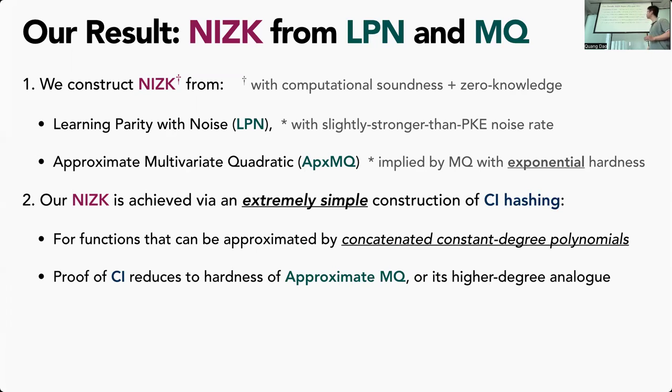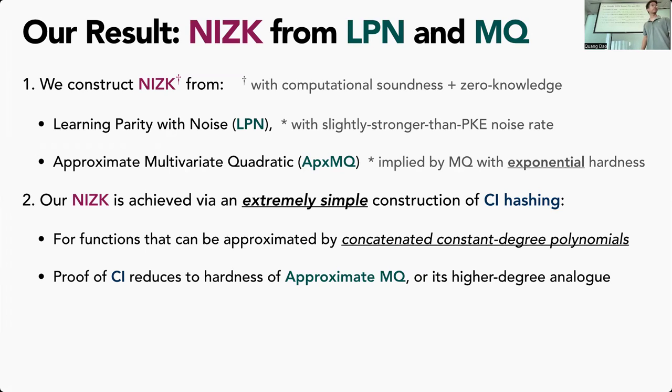I should also mention that the MQ assumption has so far not been very well studied, as in we know that it is hard, but it is very difficult to build anything from that assumption. And so our work, I think, is a very exciting addition to the things that MQ can do.